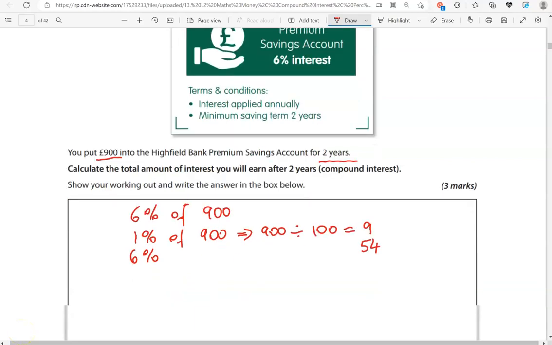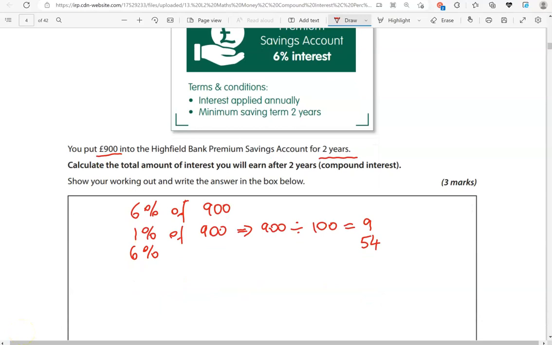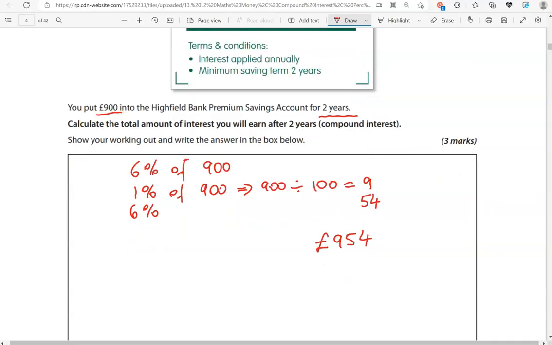So at the end of year 1, there will be 900 and the £54, which is £954. So this is end of year 1.